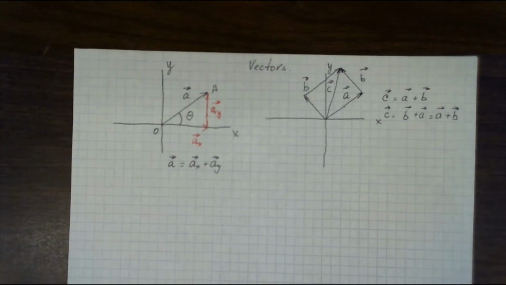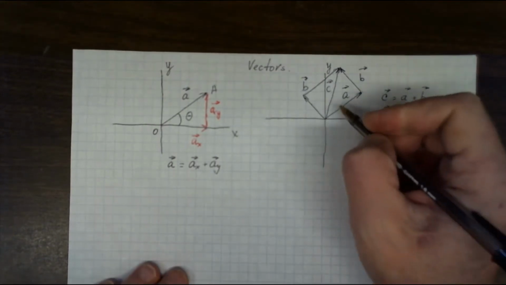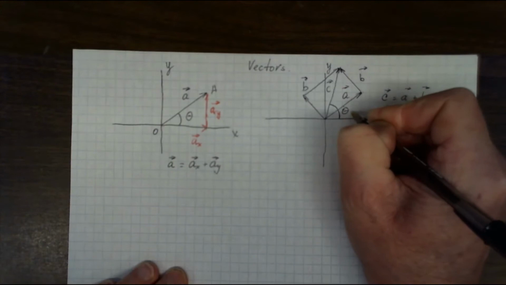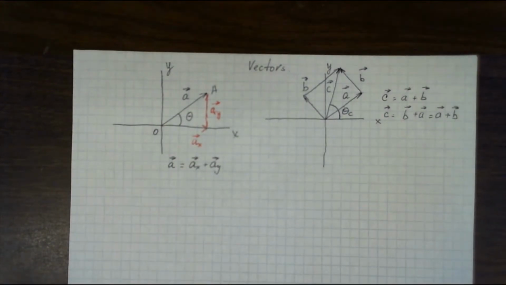Now, of course, I can use a ruler, I can use proportions, I can measure the magnitude of vector C, and I can measure using a protractor the angle vector C makes with the positive x-axis, but the result will not be precise. As you will learn in your lab, any measurement is associated with some sort of uncertainty.